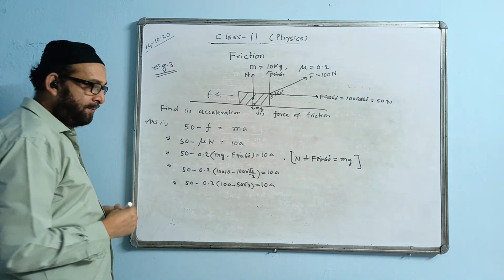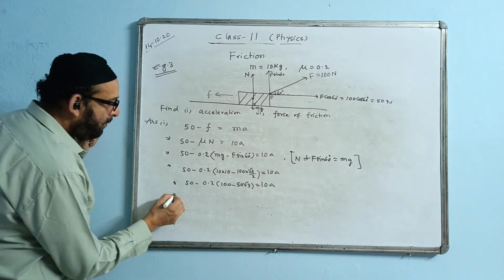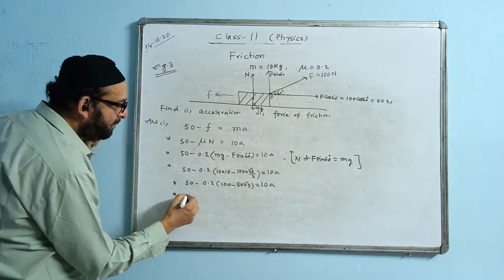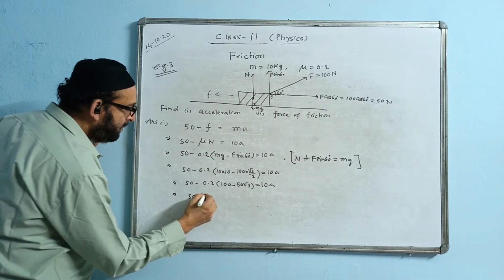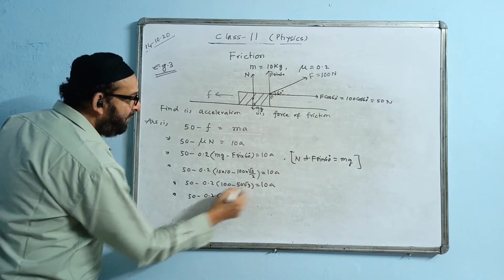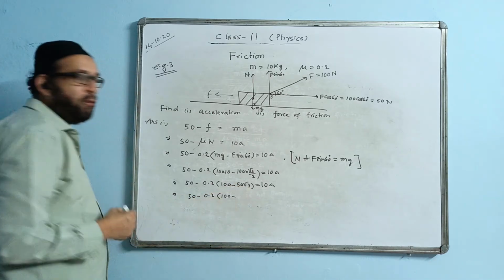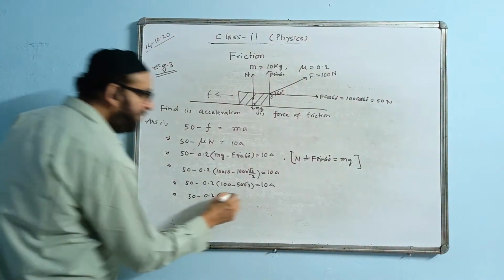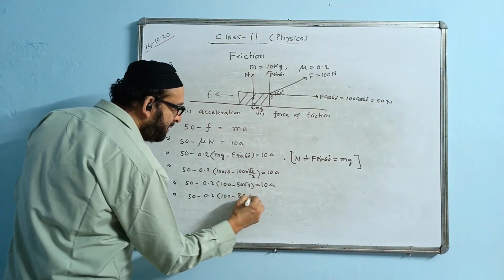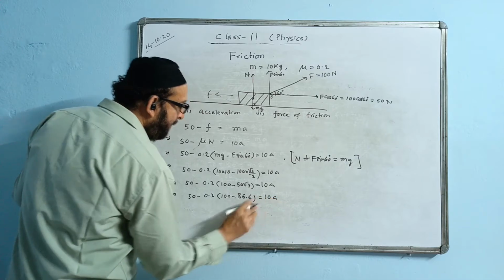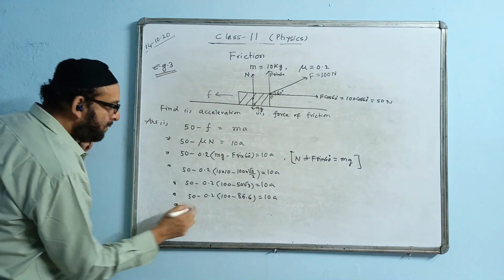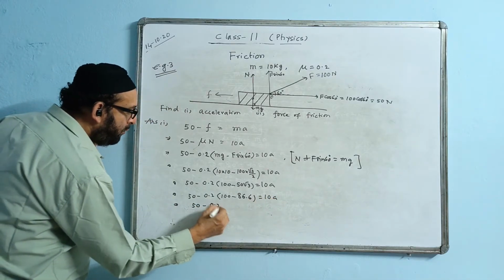Now we check what is the answer. We get 50 minus 0.2, 100 minus 50 root 3. The value of 50 root 3 will come 86.6 nearly, equal to 10A.